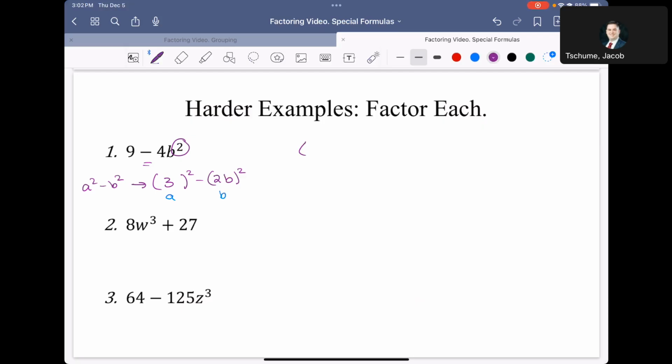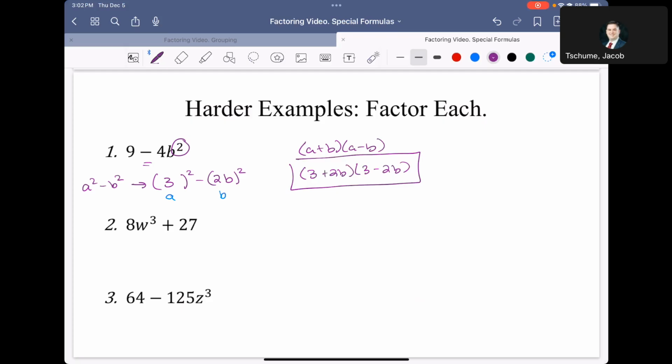And so now that I have all that written down, I know that my difference of squares factors into a plus b times a minus b, which will end up giving me 3 plus 2b and 3 minus 2b. That is the factored form of number 1 in the harder examples.